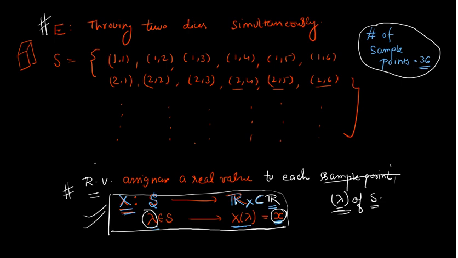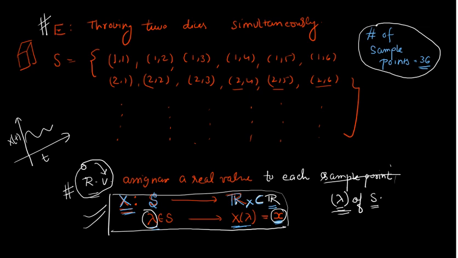Don't confuse it with a variable like the one we generally see in plus-2 calculus, where some other function is a function of that variable. Don't confuse it with that kind of variable. A random variable is a mapping from a sample space to the real line in general.